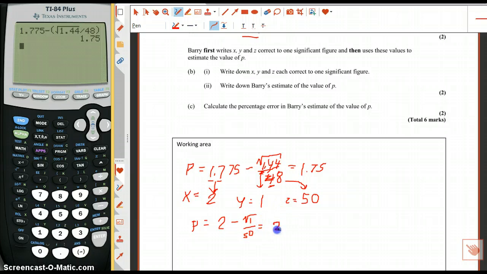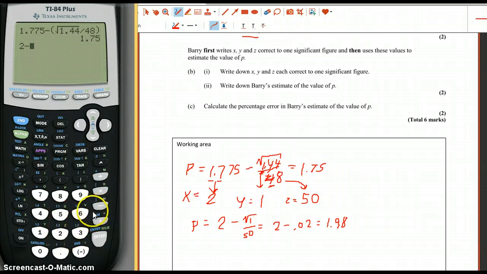So that's equal to 2 minus 0.02, which is equal to 1.98. Okay, so how does that look when you do it on the calculator? 2 minus, be careful with the parentheses. Square root 1, and of course the square root of 1 is just 1, so that did nothing. Divided by 50. Close parentheses. 1.98. Okay, so Barry's estimate of the value of P was 1.98.